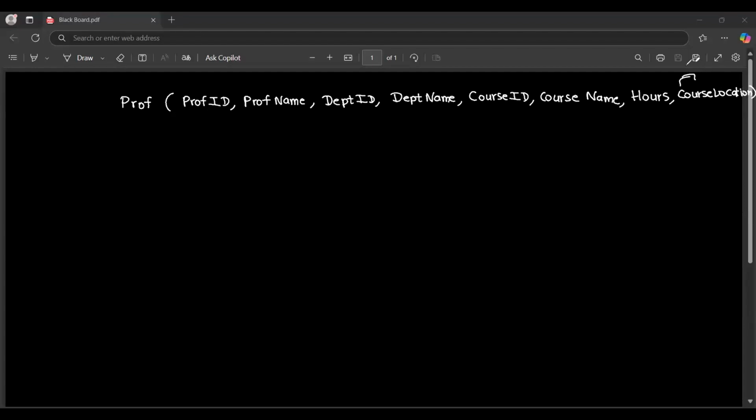Consider course location as a single valued attribute, an atomic attribute, not a multi-valued attribute.